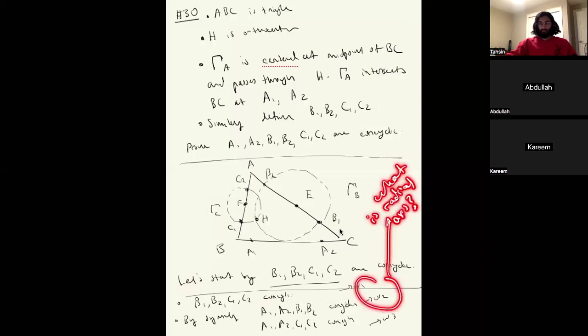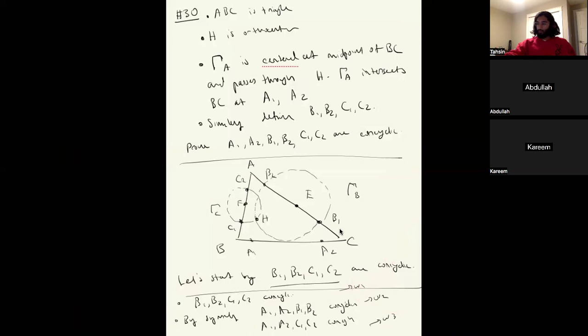Yeah, it's the altitude. No, that would be for gamma and gamma, for omega and omega, right? Neither of what you've given me is the radical axis of gamma B and gamma C. Do you see what I'm saying?